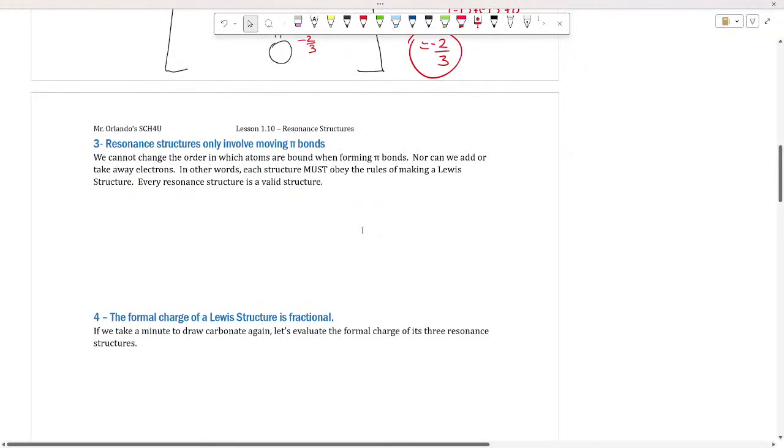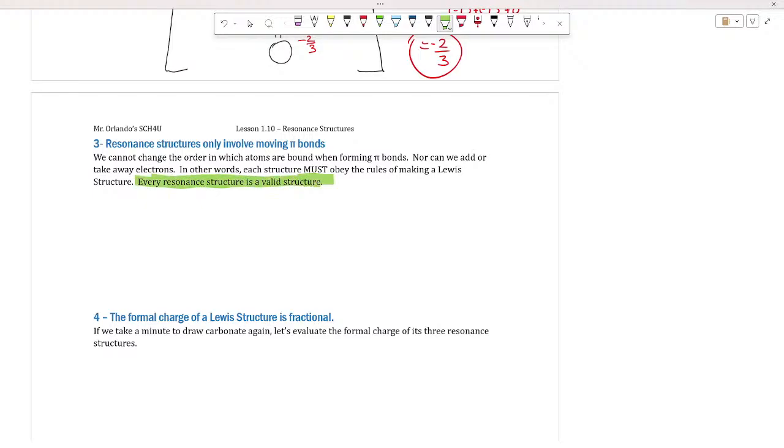Resonance structures only involve moving pi bonds. We can't change the order in which atoms are bound when forming pi bonds, nor can we add or take away electrons. In other words, each structure must obey the rules of making a Lewis structure. But every resonance structure is a valid structure.